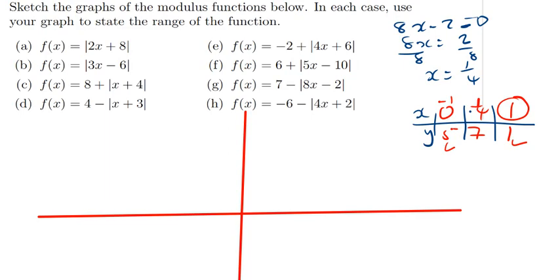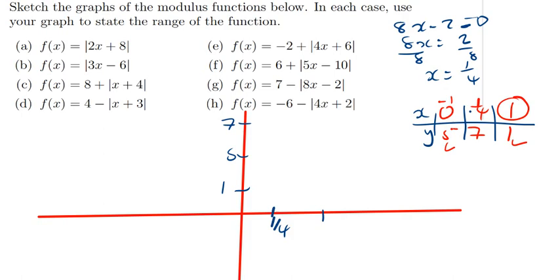In x we have got 0, 1 over 4 and 1. So I'll put 1 over 4 here and 1. What does it mean? 0, 5. In y we have got 5, 7 and 1. I'll put 1 here, I'll put 5 here and 7 here.